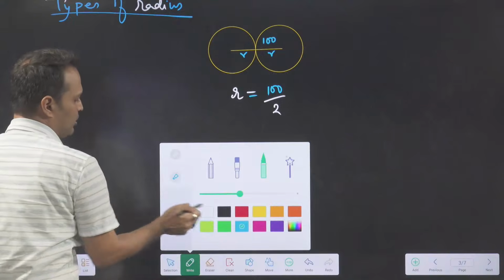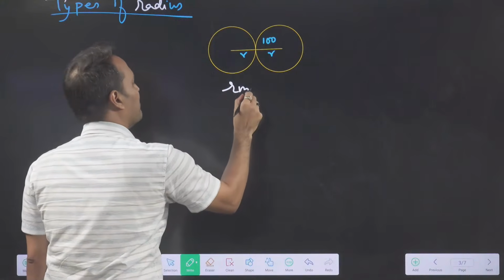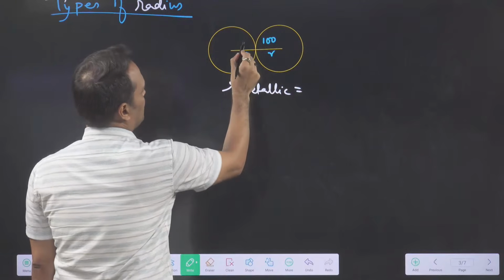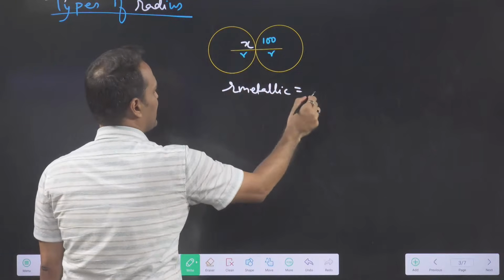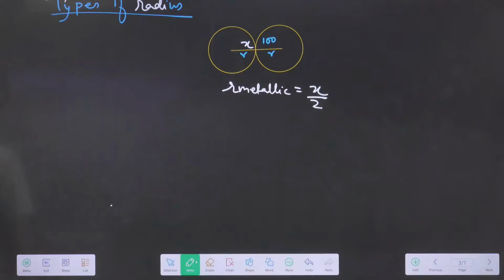This case you can think of like metallic radius. The total distance is x, so I can say x by 2.